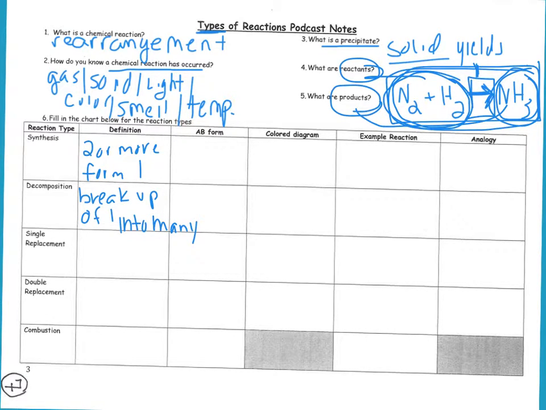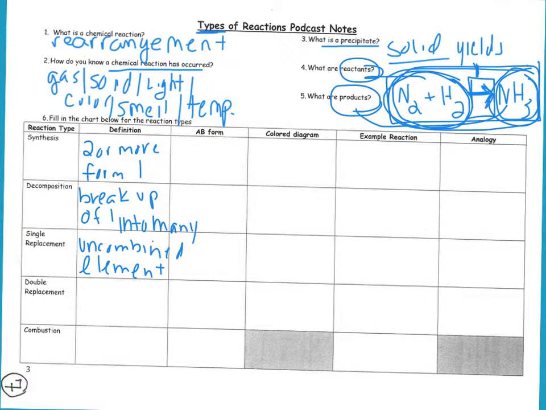All right, a single replacement involves an uncombined element. That uncombined element is usually a metal of sorts, and it recombines with something else. Like there's a single guy, there's a single thing that will bond with something else.